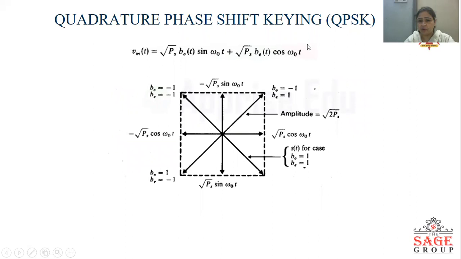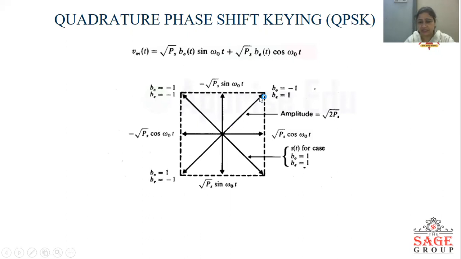So when we want to find out the resultant of these two, since sine and cos are represented as vectors, we will get the resultant of these two vectors by using parallelogram law of addition. According to the parallelogram law of addition, the resultant will be generated as the diagonal of this parallelogram, where its two sides are represented by root PS cos omega naught t and minus root PS sin omega naught t.